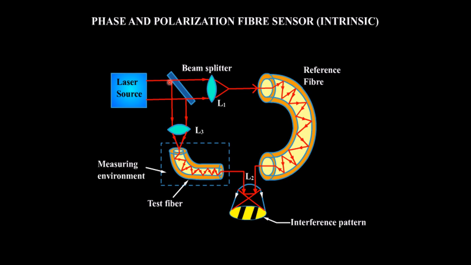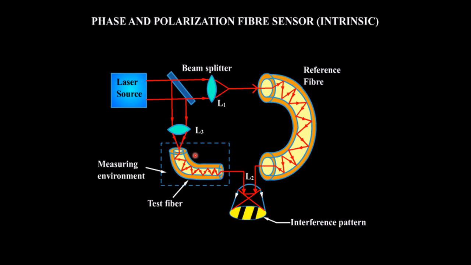The reflected light beam is made to pass through the convex lens L3 and is focused on the testing fiber, which is placed in the environment to be tested.